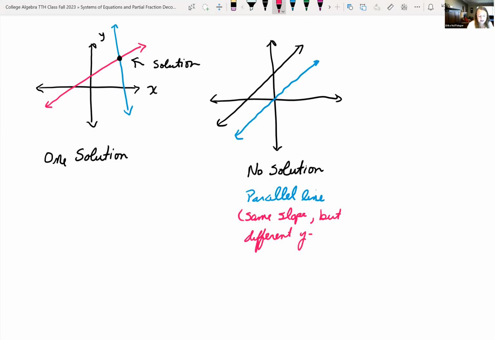The other case that you could have is where you would have an infinite number of solutions. Graphically, and you might not notice that at first when you're looking at your lines, they're exactly the same line. The lines are going to be lying on top of each other.